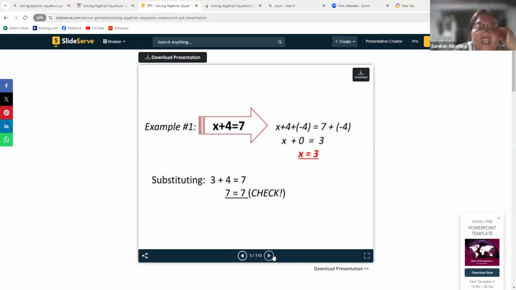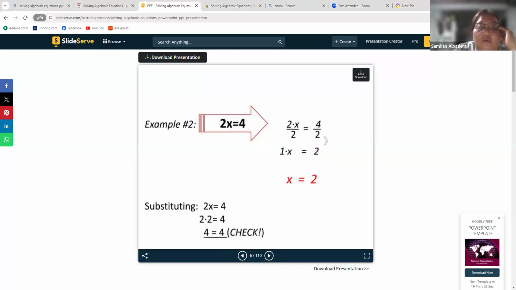Okay, we will continue. Example number 2. This example number 2 is very easy. 2x is equal to 4, right? And then we wanted to know the value of x, because it is actually the missing number.